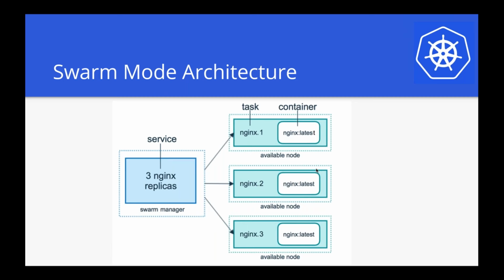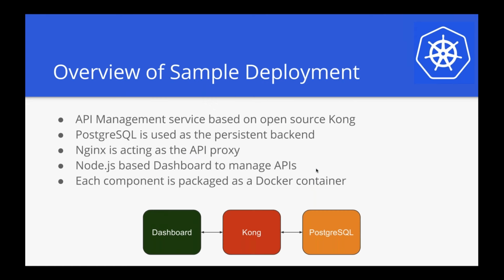It depends on how many tasks you want to run, what constraints you put, what requirements you define, and any other information that you provide as a part of the service would influence how each of these tasks get scheduled in the available nodes. So that is the very quick overview of Docker Swarm mode.